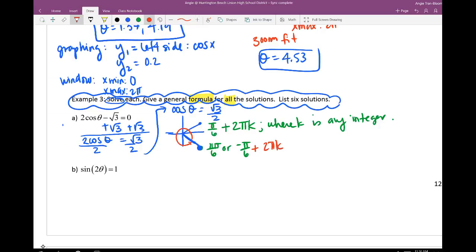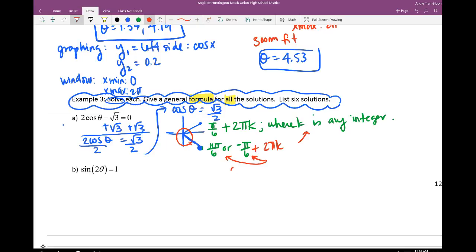If k is 0, then you have your first answer originally. If k is 1, then you are adding 12 pi over 6, which reduces down to 2 pi. So that's why you end up with the next answer in the next period, and again, k is an integer.